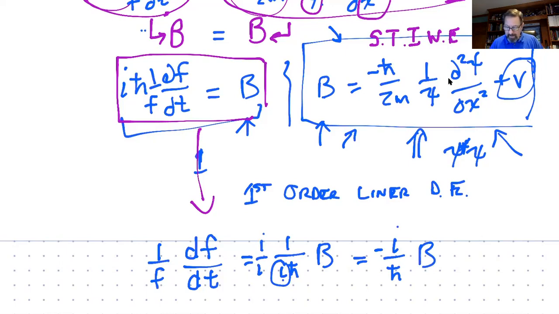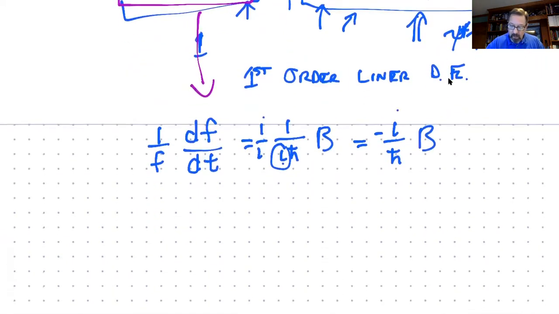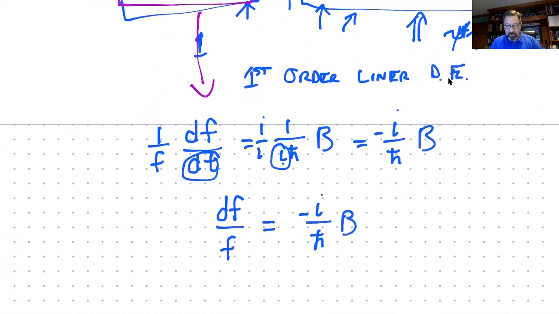Okay, the next step I'm going to do, if everybody's happy with that, is I'm going to multiply by dt. So then I've got df over f is equal to minus i over h bar times this constant b, which some people refer to as the separation constant, times dt.